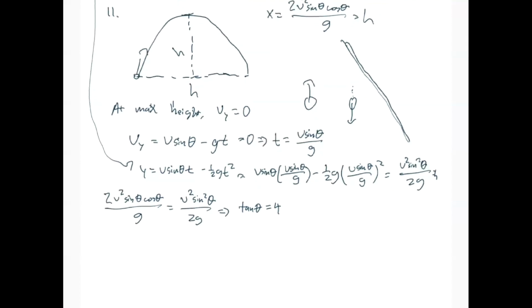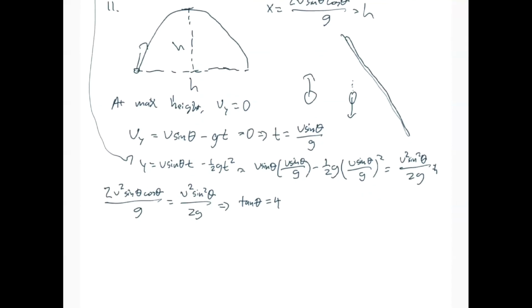The question is asking us, what is the maximum height if it was thrown directly upwards? So for this, we'll set theta equals 90. So this was our max height equation, right?